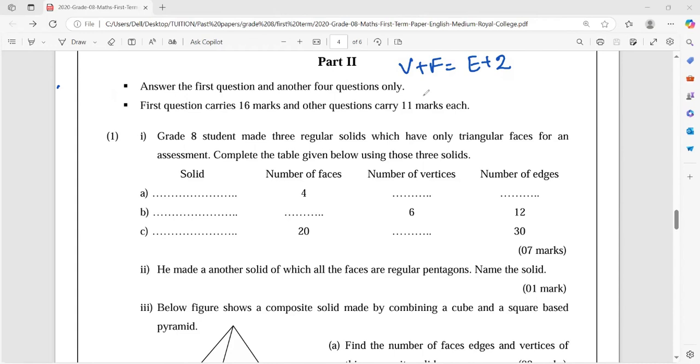V means number of vertices, which has been given, that is 6, plus number of faces F. The number of edges is 12, plus 2, it is 14. 6 plus F is equal to 14. Then F must be 8. So 8 faces means regular octahedron.